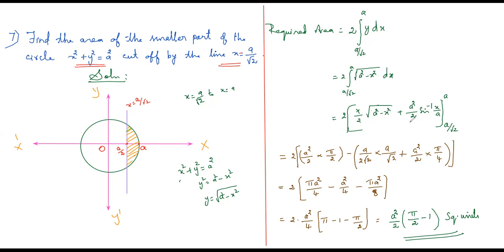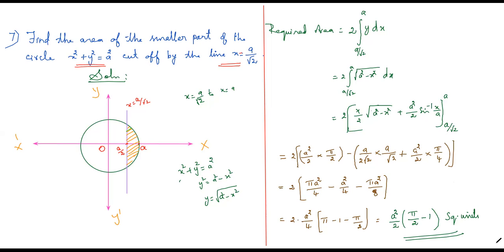So a square by 2 into pi by 2, minus the lower limit a by root 2 substituted in the first term and in the second term. Now you simplify it and you get the final answer as a square by 2 into pi by 2 minus 1 square root x.